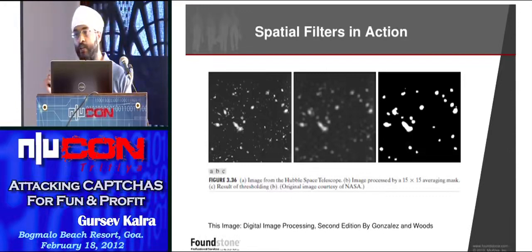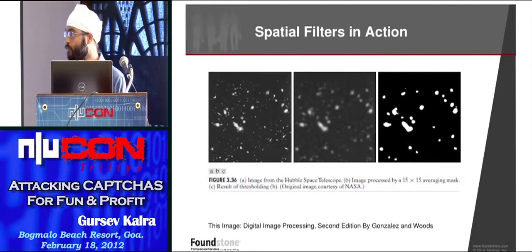Let's say it's 150. If anything is above 150, that will be white. If anything is less than 150, it will be blacked out completely. That basically helps you identify the brighter bodies in this NASA image.